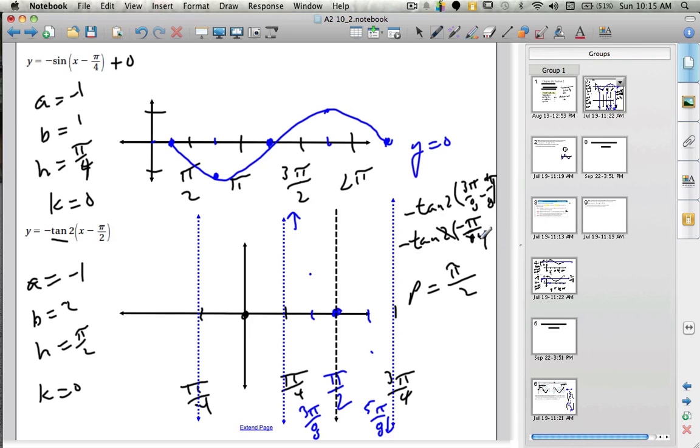Well, that's very nice of them. If you remember the example I did before when I did tangent in the last lesson, where's negative pi over 4? Well, it's right here. So for tangent of negative pi over 4, my x-coordinate is radical 2 over 2, and my y-coordinate is negative radical 2 over 2.